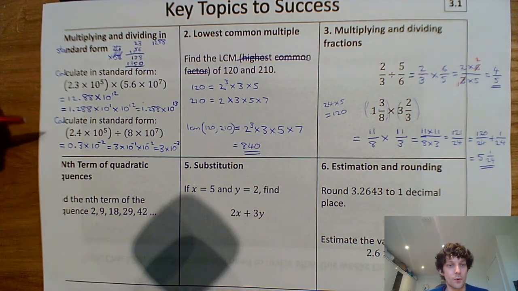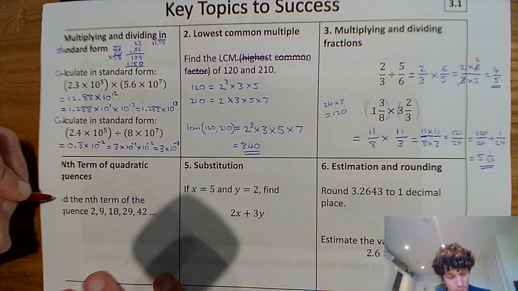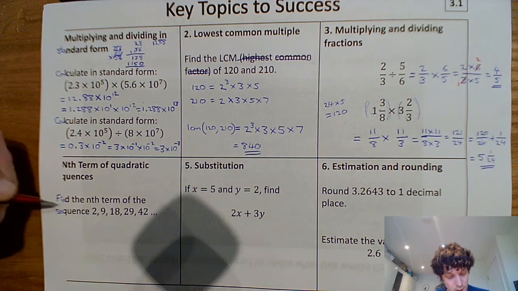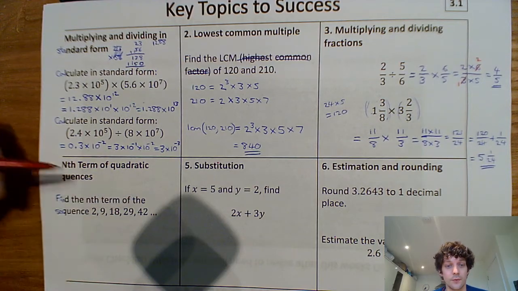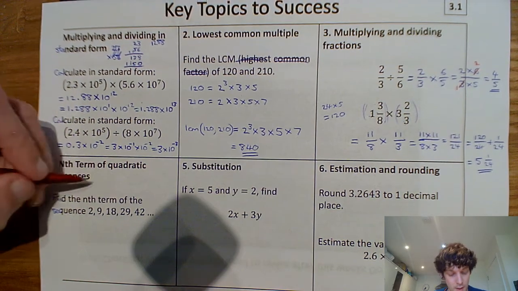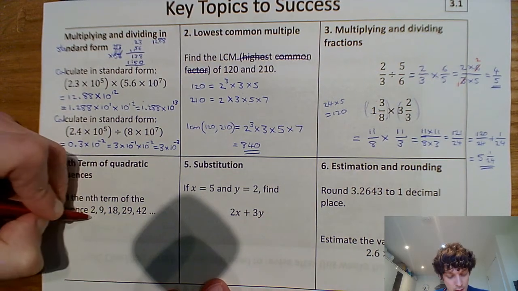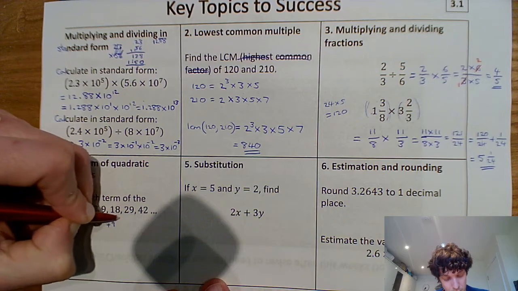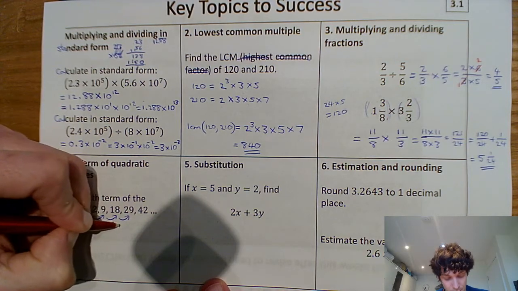Okay, nth terms of quadratic sequences. So here I'm being asked to find the nth term of the sequence 2, 9, 18, 29, 42. You might remember in last week's, I started off by looking at the differences between consecutive terms. I'm going to do exactly the same thing here.